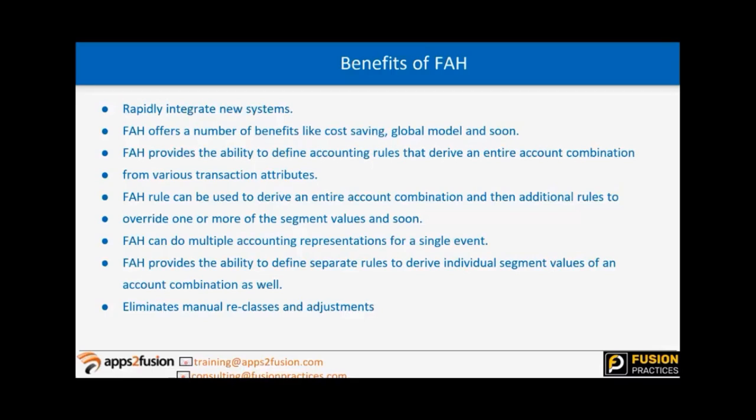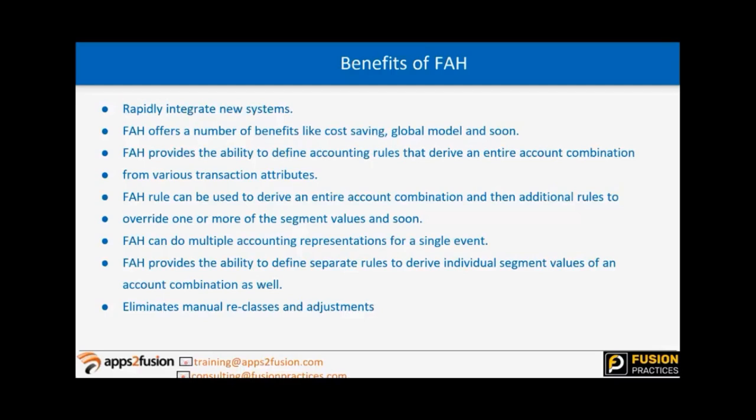So FAH provides you the entire capability to derive your accounting rules and accounting configuration. Entire combinations can be derived, one or more segments. Multiple accounting representations can be used using FAH. So you can have your primary ledgers and secondary ledgers created. You can have an accounting method attached to your primary ledgers.